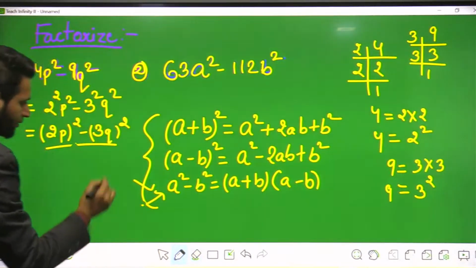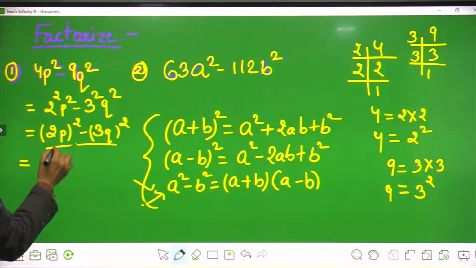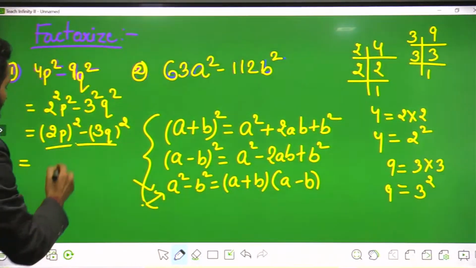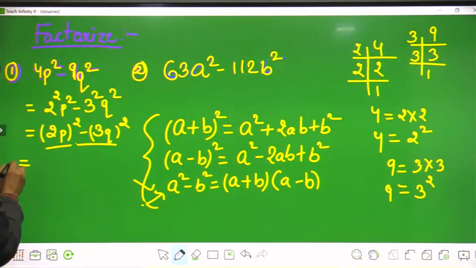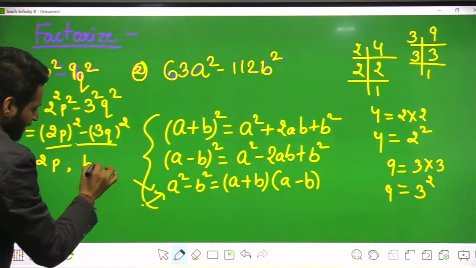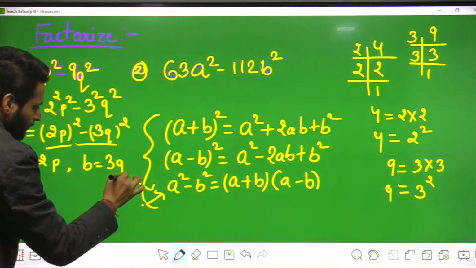So first of all we write a plus b. According to it, the value of a is 2p, and the value of b is 3q.